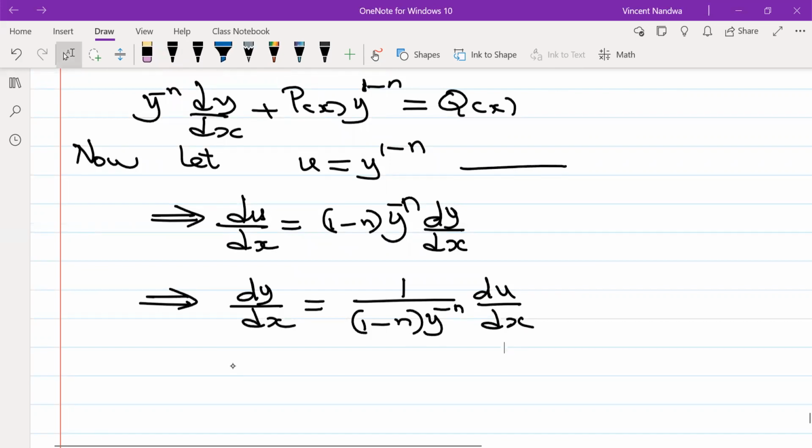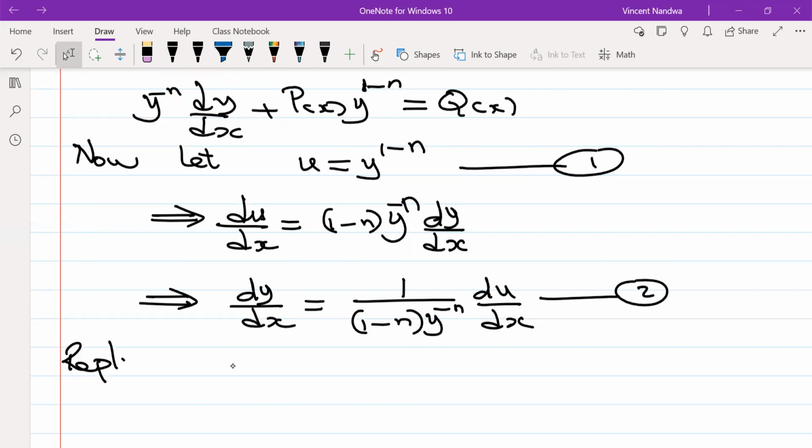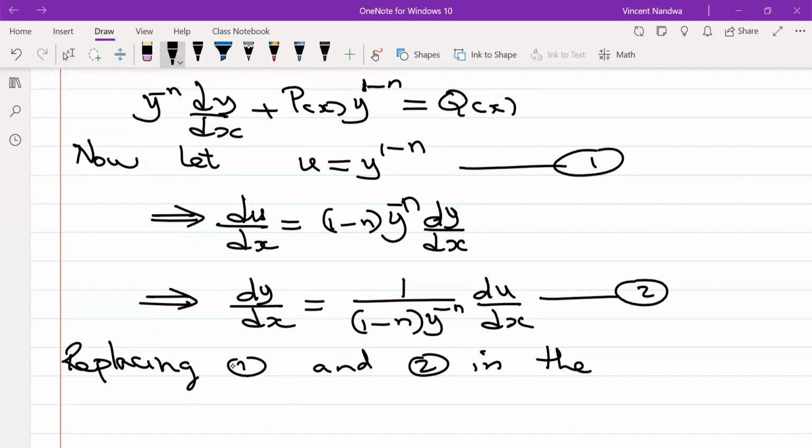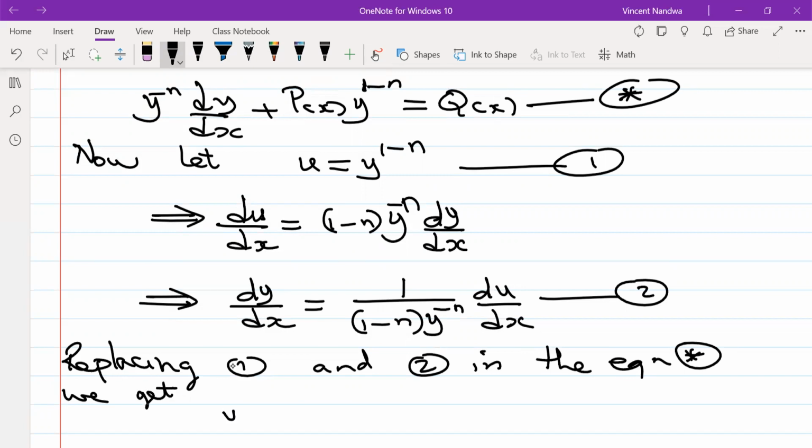So if I call this 1, I call this 2, replacing 1 and 2 in the equation. Let me call this star. We get, so here I have y to the power minus n dy/dx replaced by this.